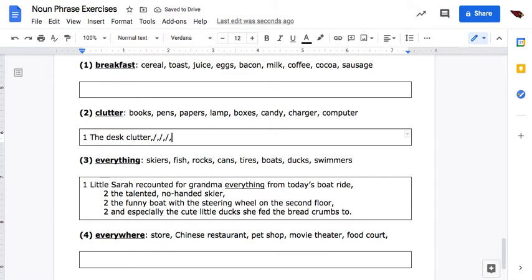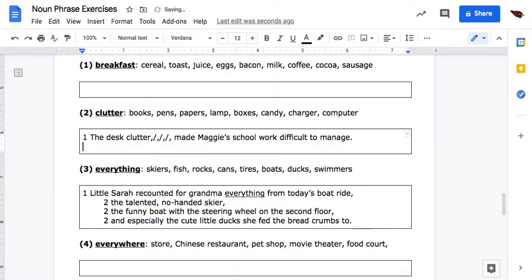Clutter is the subject of my base clause. The desk clutter made Maggie's schoolwork difficult to manage. Period. Because the interruptions are all in the medial position.